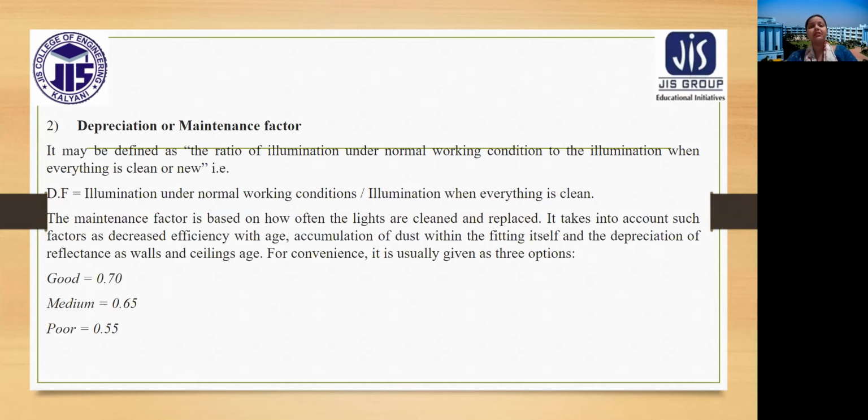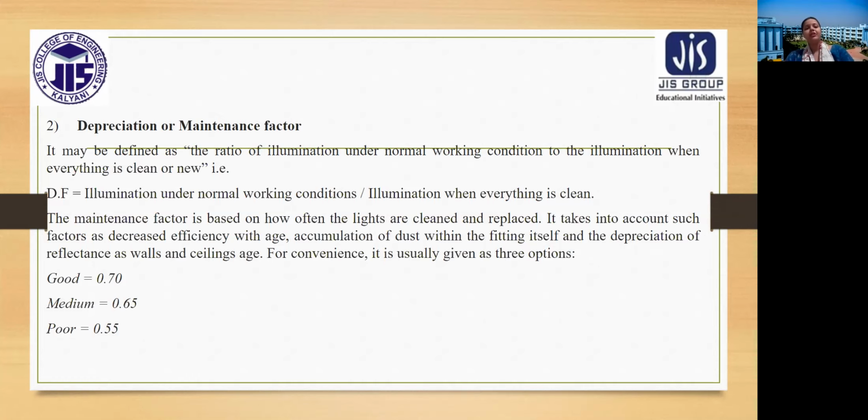So depreciation or maintenance factor will account for that. It is defined as the ratio of illumination under normal working condition to the illumination where everything is clean. Clean means when the surrounding is clean. The maintenance factor is based on how often the lights are cleaned and replaced. It is not possible for anybody to clean all the lamps every day, right?